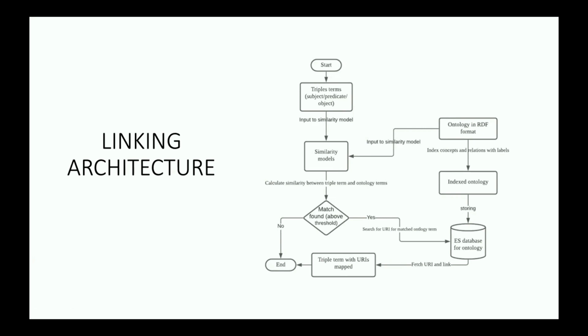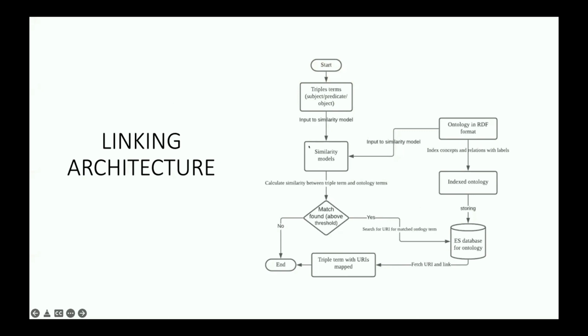For any triple term matching an ontology term at 90% and above, the URI for that ontology term is fetched from the Elasticsearch database, mapped to the triple term and saved back in the Elasticsearch database.